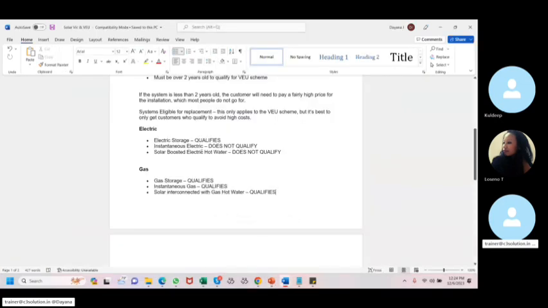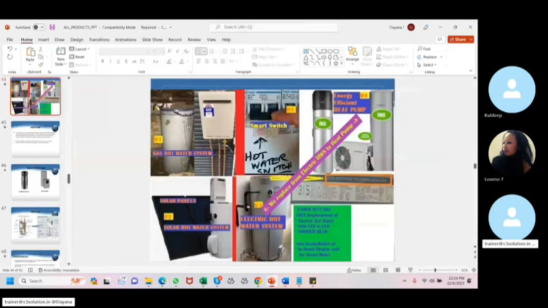You're asking about instant electric and instantaneous gas, right? No, I'm actually asking about electric storage and instant electric. Electric storage is this one.